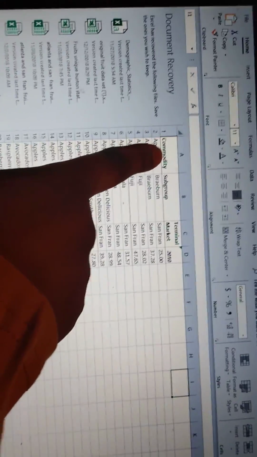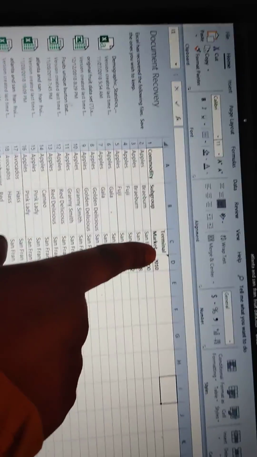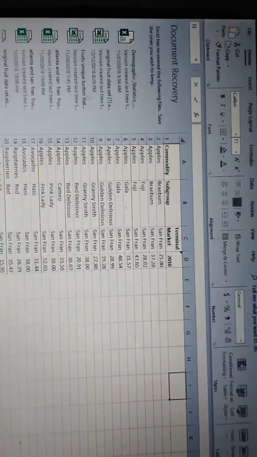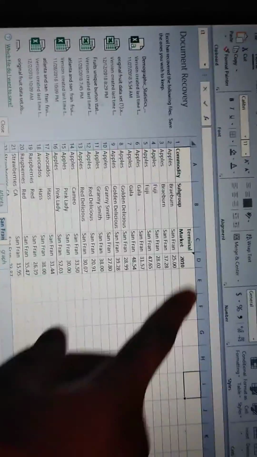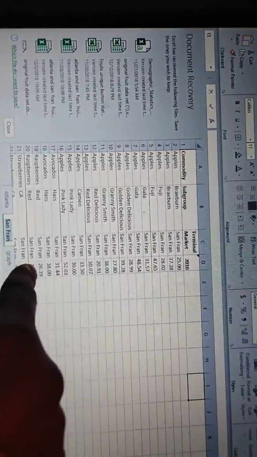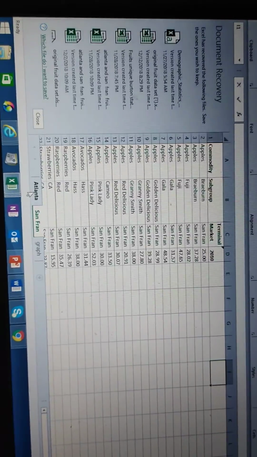The quantitative variables I used were commodity subgroup and terminal market. And they say San Francisco, year 2010. And qualitative numerical values here. And I did the same thing for Atlanta.